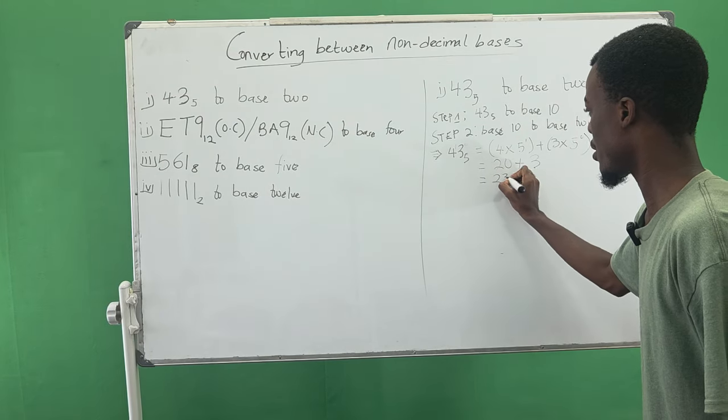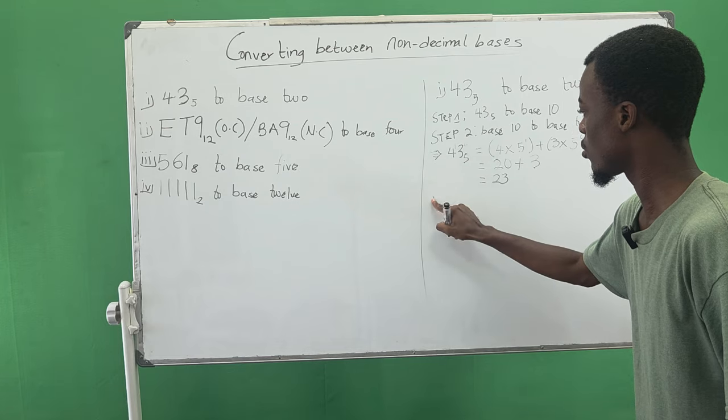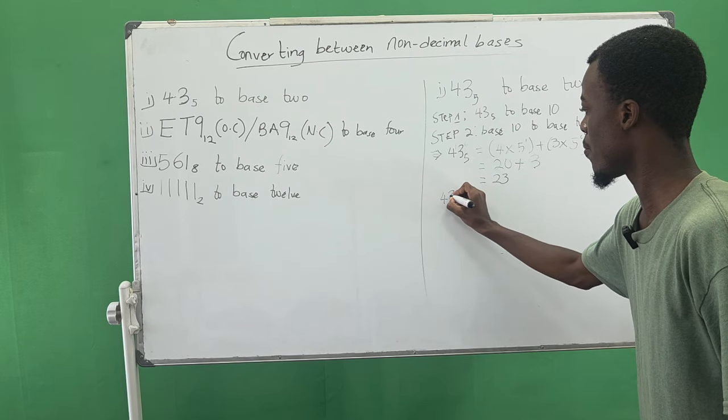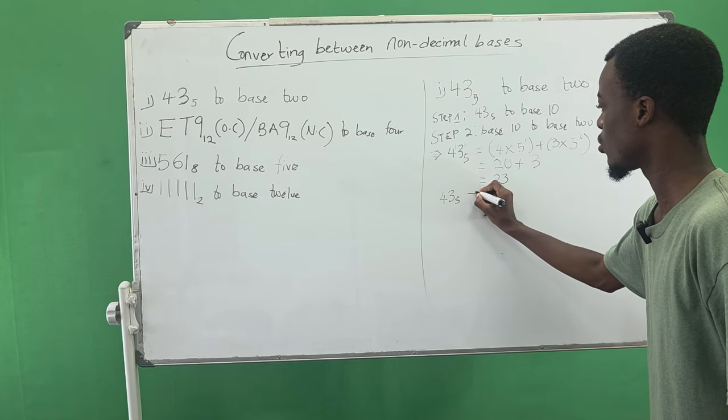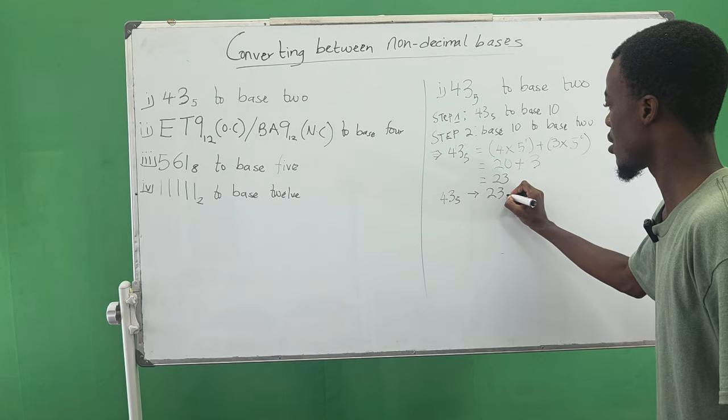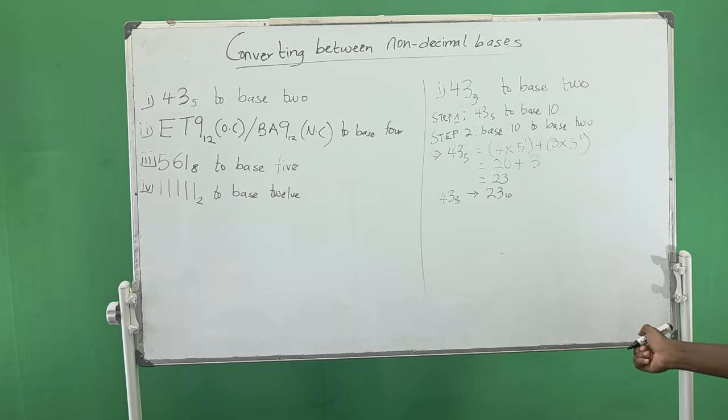So this is 23. Therefore, 43 base 5 is 23 in base 10.